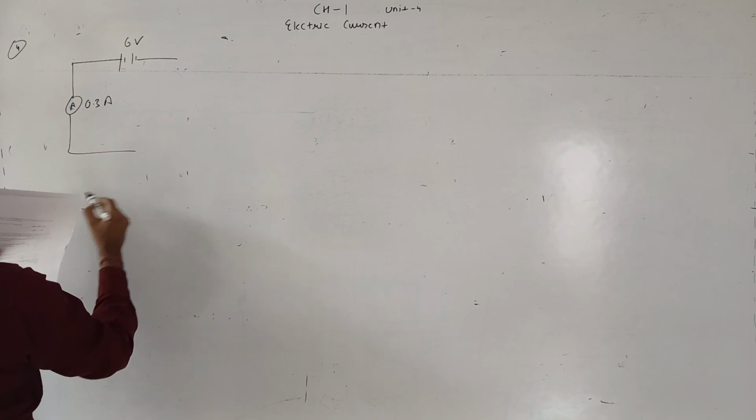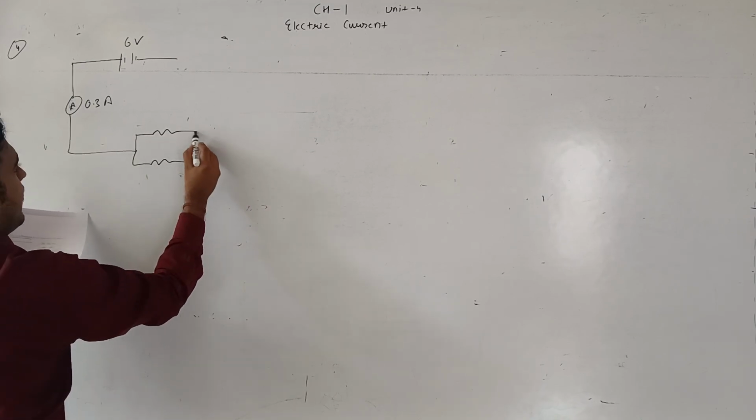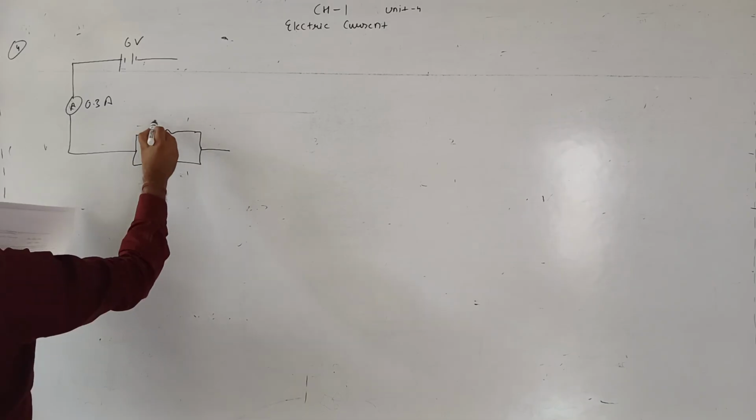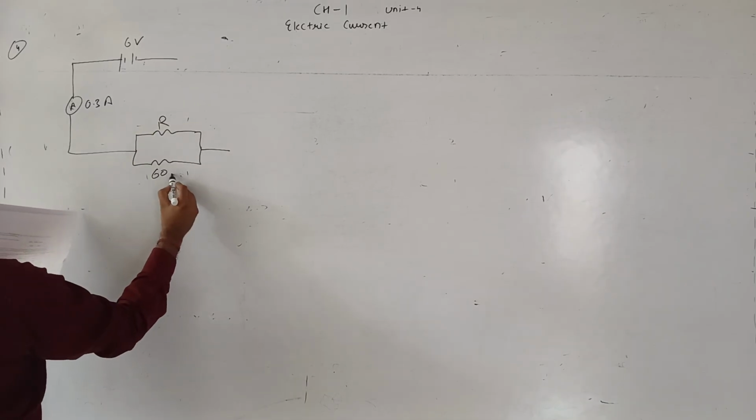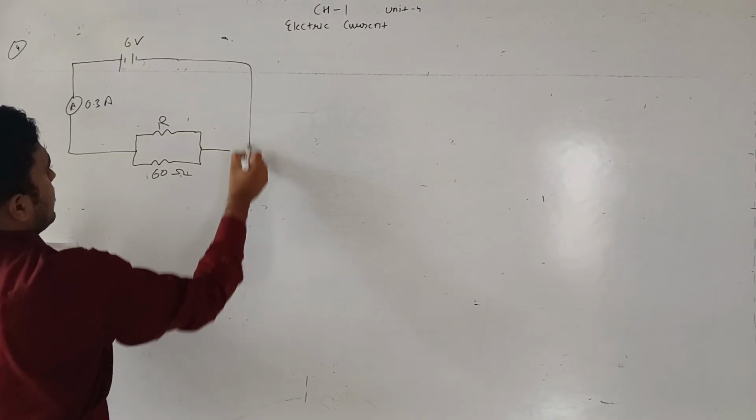Then we have a circuit in which two resistances are in parallel: resistance R and a 60 ohm resistance.